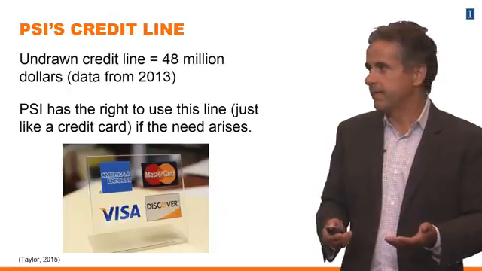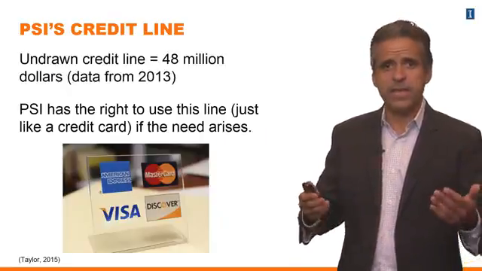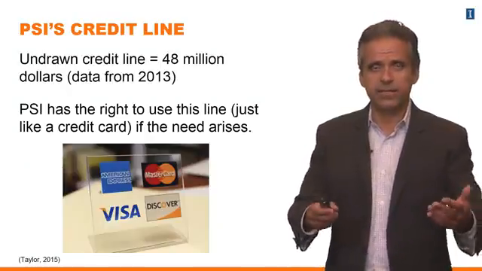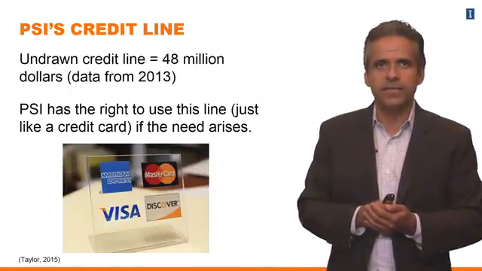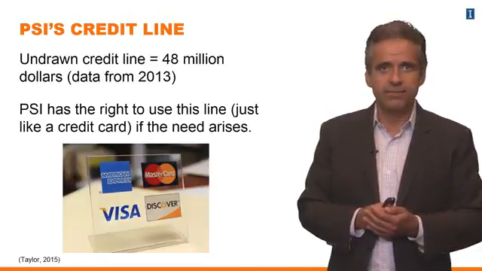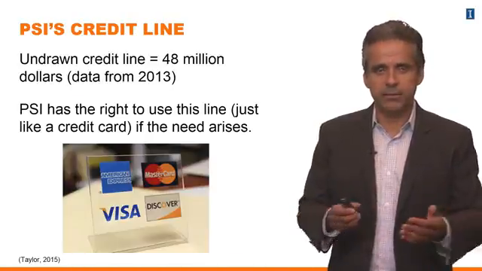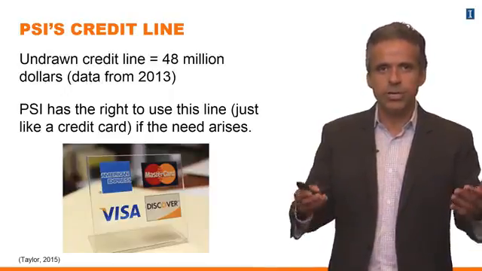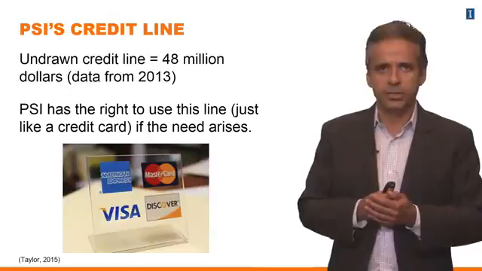So the bottom line is that if PSI hits a liquidity problem, if the suppliers don't want to extend financing, then they might be able to rely on their credit line, okay? They have the right to use that line just like a credit card, and it actually turns out that this is what they seem to be doing in practice to help manage liquidity risk.